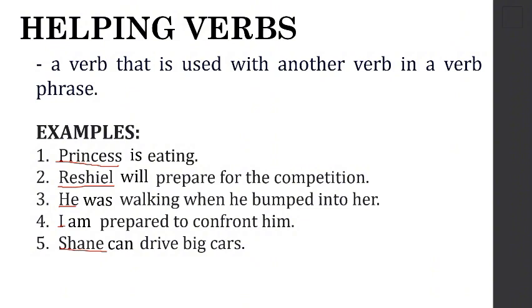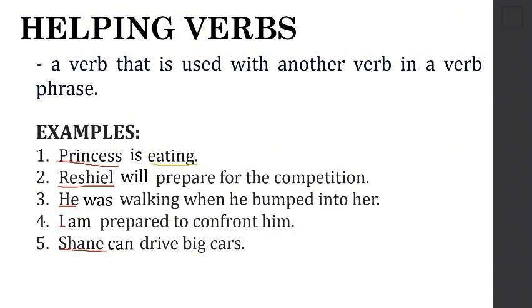Now, if we are going to identify the main verb, which I'll highlight in yellow orange so we are not confused with the colors, we are going to use color-coded lines for us to further understand the lesson. For the first one, Princess is doing what? Princess is eating.